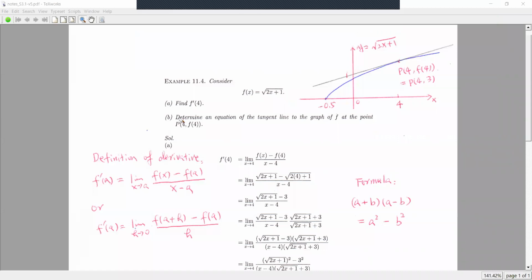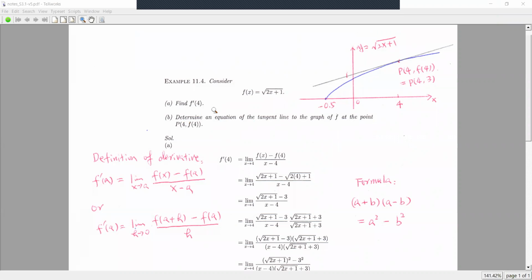Part B. Determine an equation of the tangent line to the graph of the function at point P. That is, write down the equation of this tangent line. In part A, we have found the derivative at 4 is 1/3.